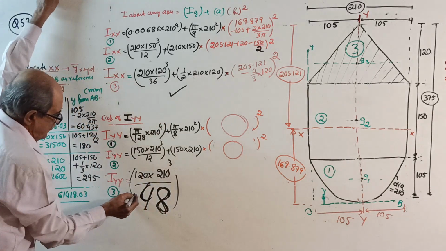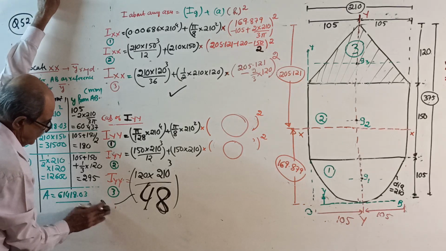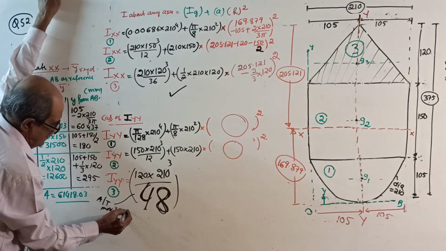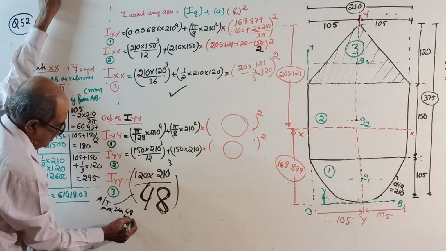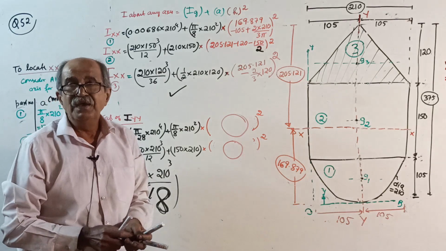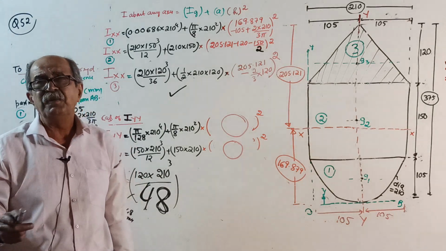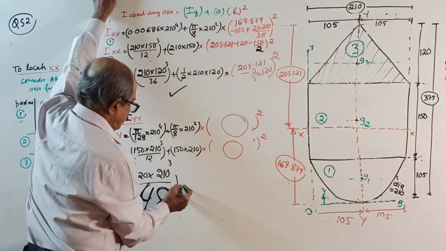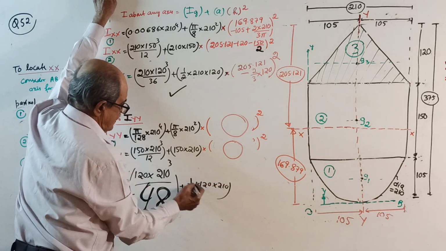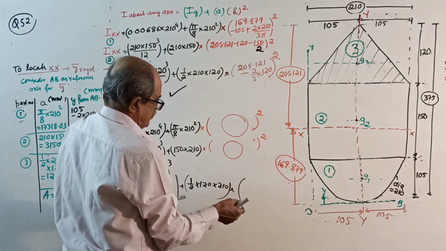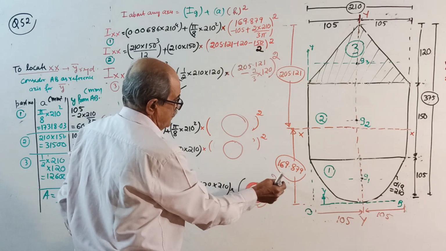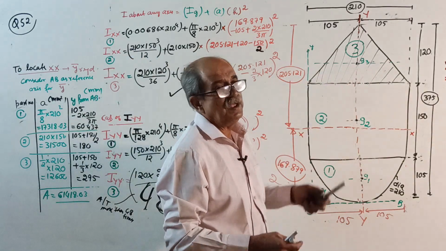I think most probably already told more than 48 times. Already explained very thoroughly, words, example, basic part. If you don't go through basic part, you won't learn from my class. Plus area, half into 120 into 210 is the area into 0 square. Why? Centroid lies in YY.